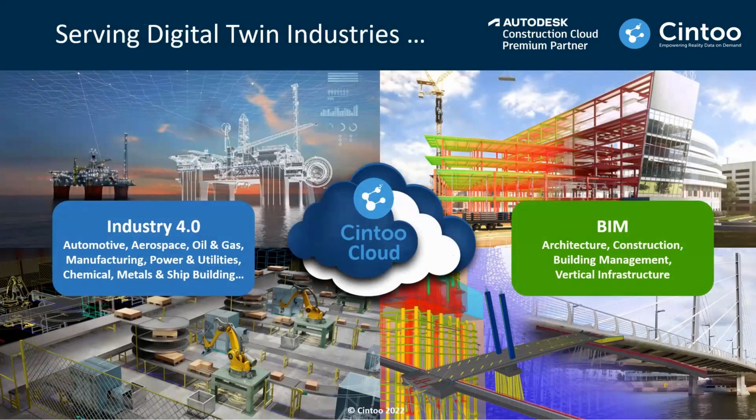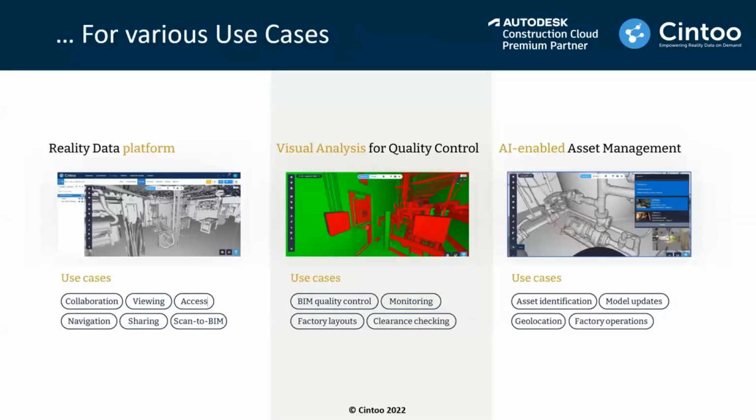So we serve those various Industry 4.0 or BIM and construction companies with basically 3 value propositions. First one is hosting, managing, sharing, viewing your reality capture data using this mesh-based viewer, which makes your data much easier to view and interpret by non-experts. And this is value proposition number 1.